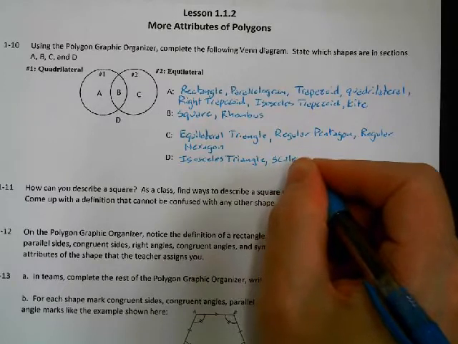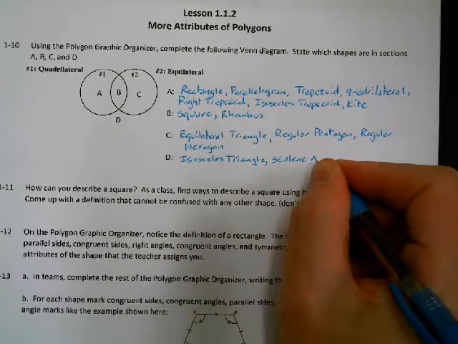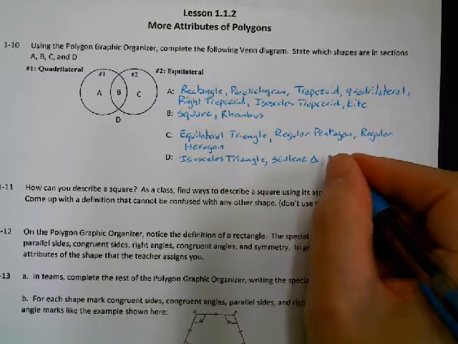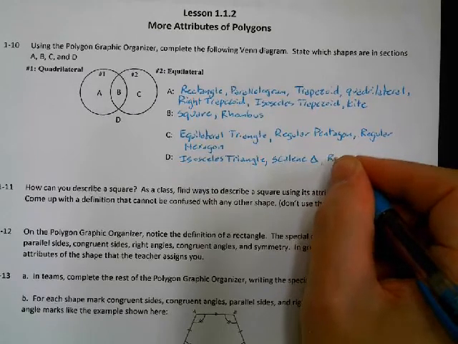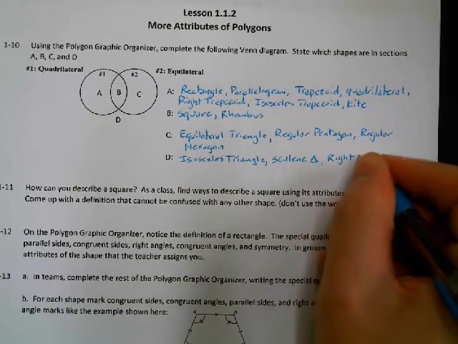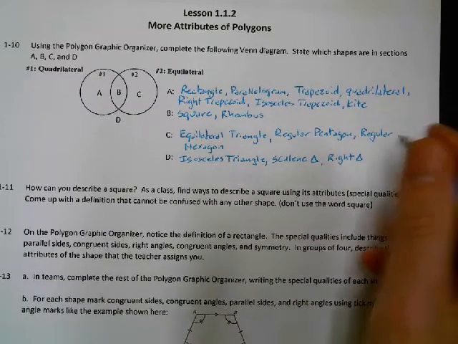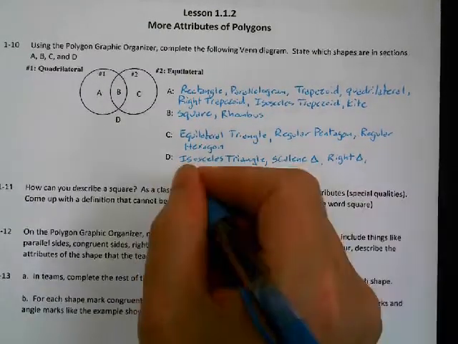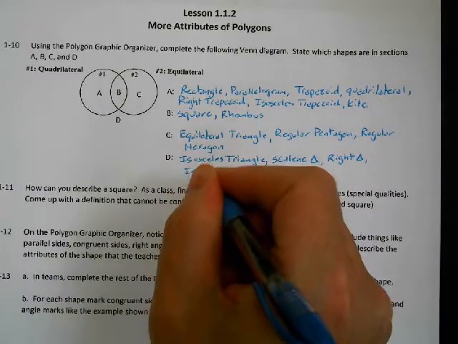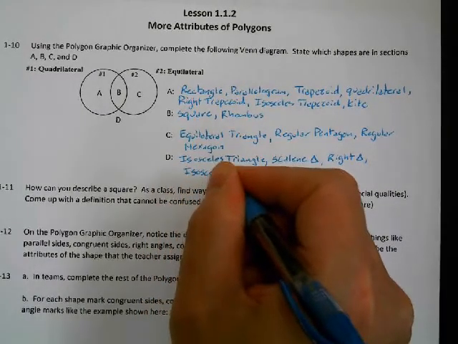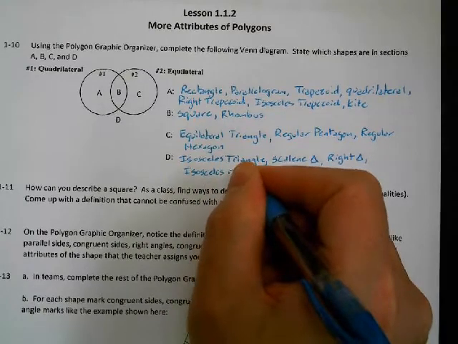I'm just going to do triangle. We've got a scalene right triangle. I'll just call it a right triangle. And what else do we got? Oh, isosceles right triangle. All right, there we go.